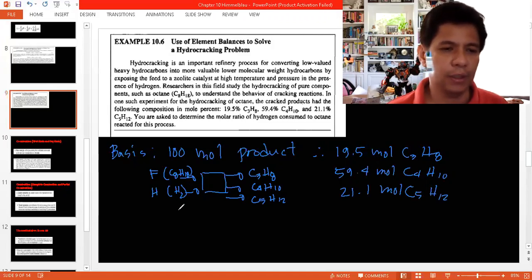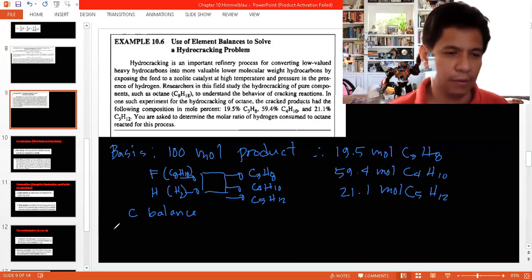So first let's perform a carbon balance, because in the carbon balance there is only one unknown, so you can solve F. That would be F times 8, or 8F.